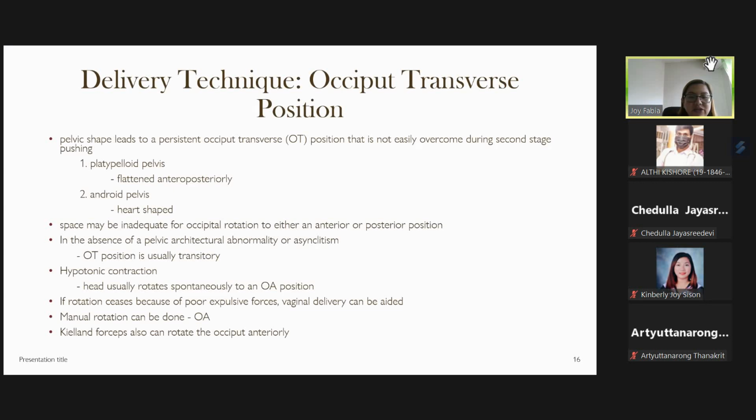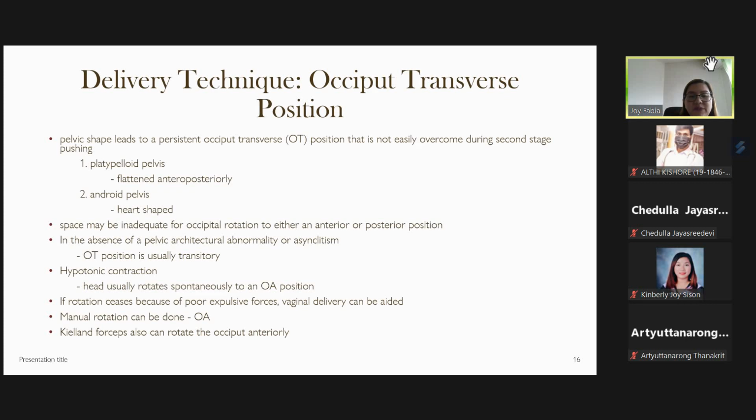So the reason behind it is because of the space. The space may be inadequate for the occiput to rotate, either to anterior or posterior. So once na hindi siya nag-rotate, it will be stuck at occiput transverse.